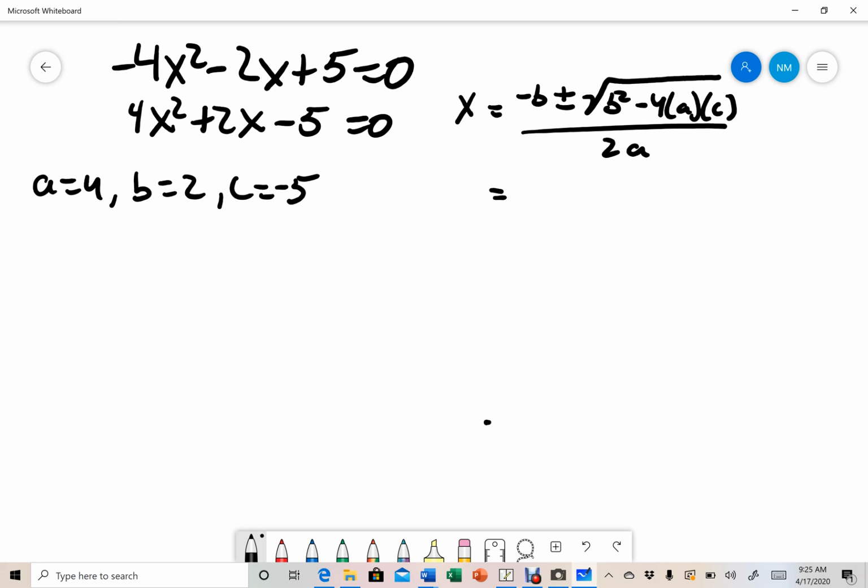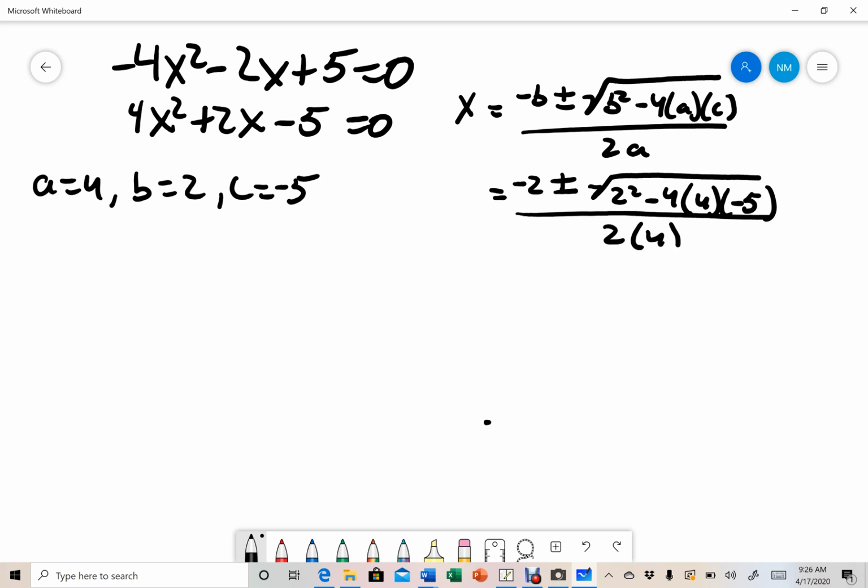So I've got a negative 2, and this is negative because I have a negative here, but my B is positive, so it becomes a negative, okay? Then 2 squared minus 4 times negative 5, and 2 times 4. Okay, so I'm just going to work my way along here. This remains a negative 2.